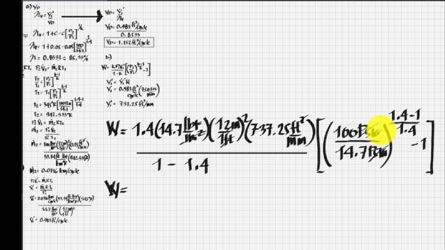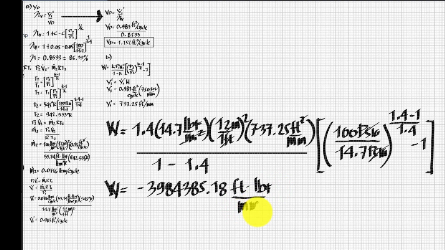By pressing my calculator, I'm able to get the value of negative 3984385.18 foot pound force per minute.